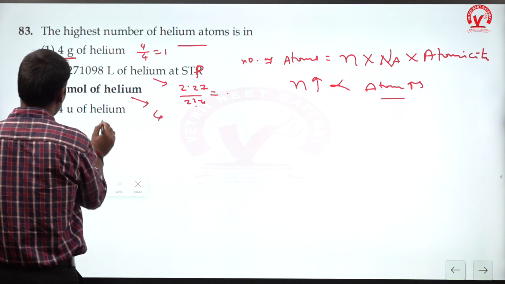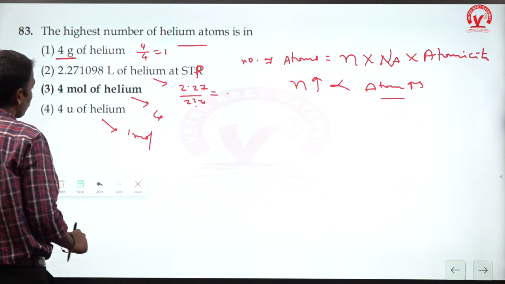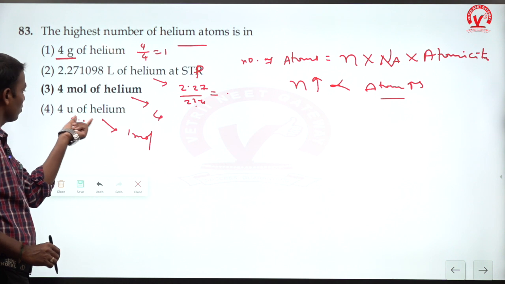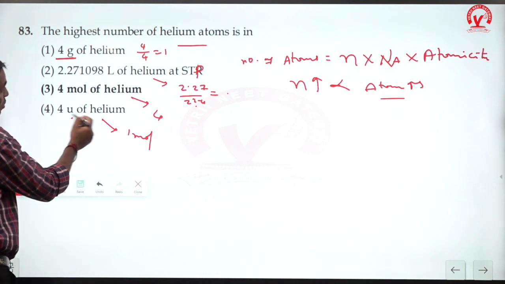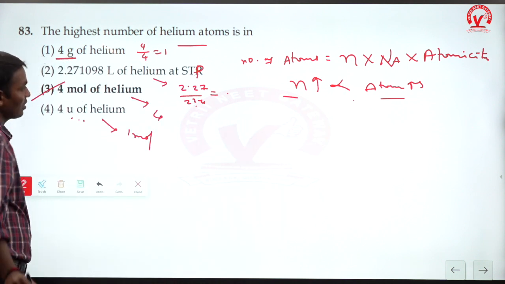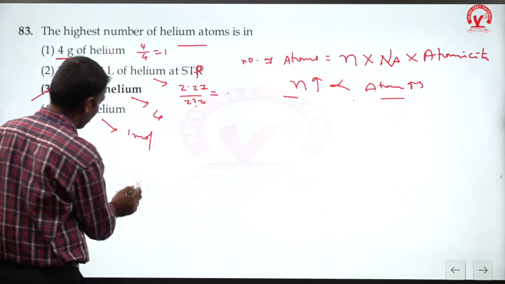Here also 1 mole we will get, right? 4u means 4 grams, 4 by 4, that is 1 mole. So 4 moles is the most; the number of moles is more, so the number of atoms is also more, right? That is option 3 is the correct answer. Then move on to the next question.